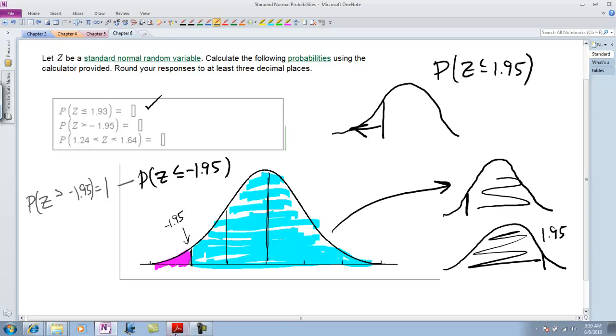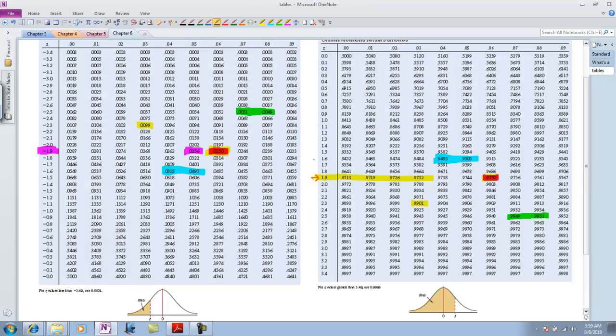So let's do that first with the table. I'll use the symmetric approach because it's the easiest. I just look up on the positive table 1.95. Here's 1.90. 1, 2, 3, 4, 5. 0.9744 is my answer.